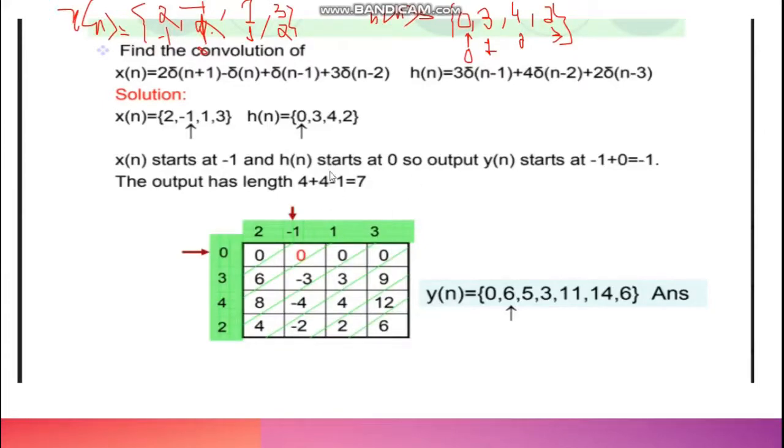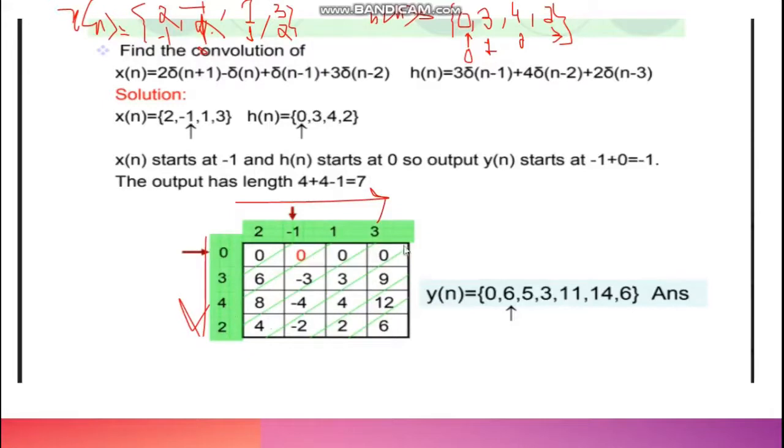Now how can we find the convolution using the tabular method? For that, we write x of n as a row and h of n as a column. Here you can see x of n is written as a row: 2, minus 1, 1, 3, and h of n is written as a column: 0, 3, 4, 2.